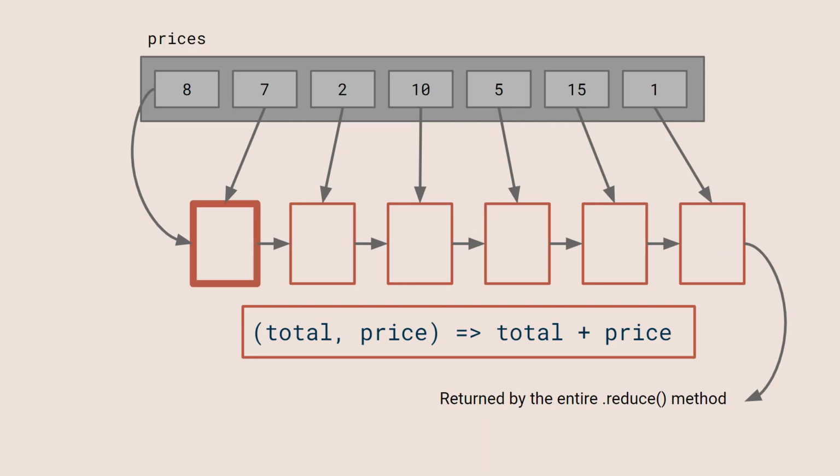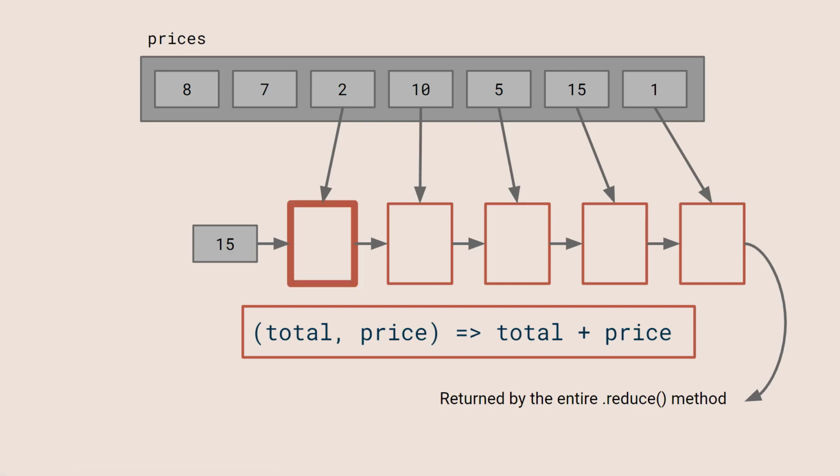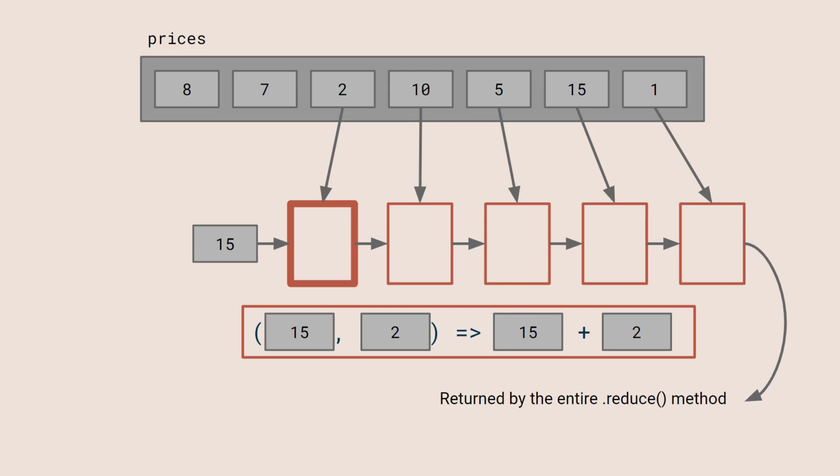On that first call, 8 will be passed in as the total and 7 as the price. Total plus price, 15, and 15 is returned from the first call to our callback function, and then 15 is passed into that second call as the total. So total will be 15 and price will be 2. 15 plus 2, 17.